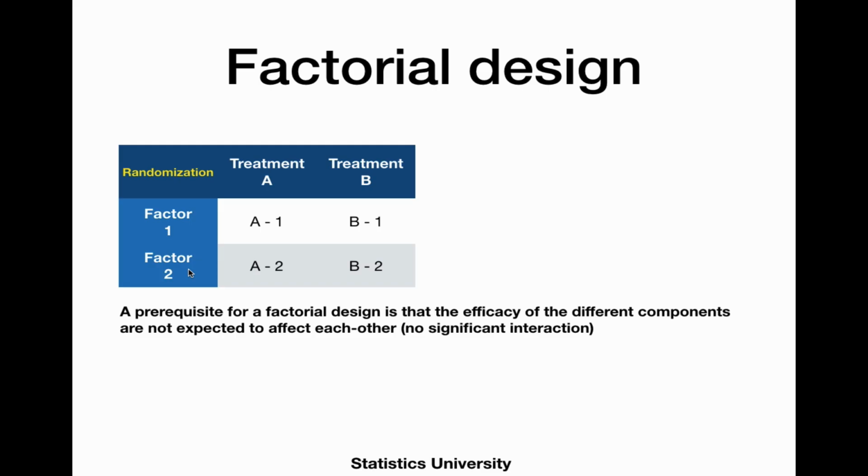And in the group of patients assigned to treatment arm A, we can compare factor 1 to factor 2, and do the same for the patients assigned to treatment group B. So basically, we can perform 2 randomized controlled trials in one without a significant increase in the sample size.